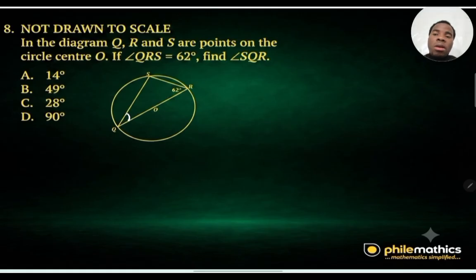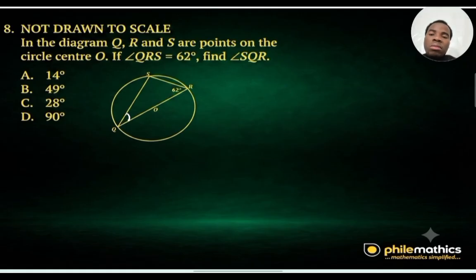Now, for you to solve a question on circle theorem, you have to be equipped with the various theorems. And the particular theorem that will be useful in solving this problem is simply angle in a semicircle. The theorem says angle in a semicircle sums up to 90 degrees, or angle in a semicircle is a right angle.